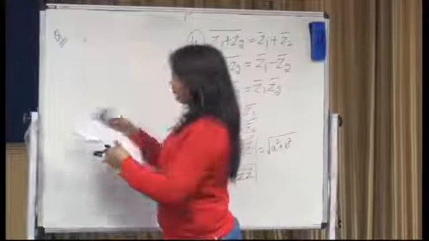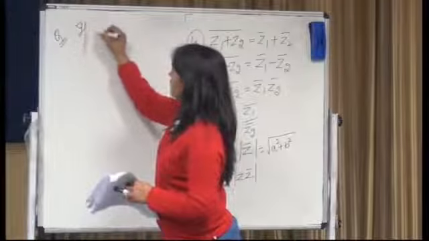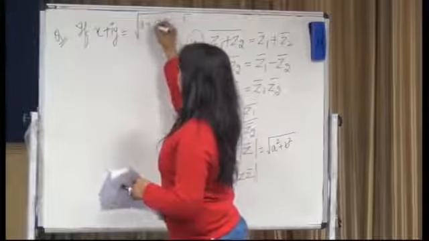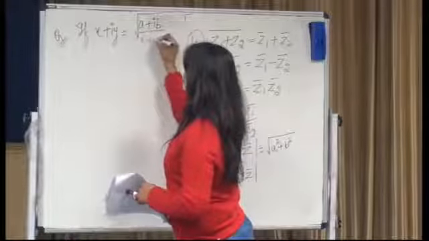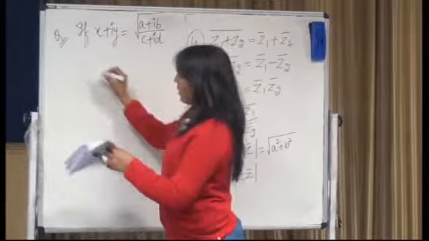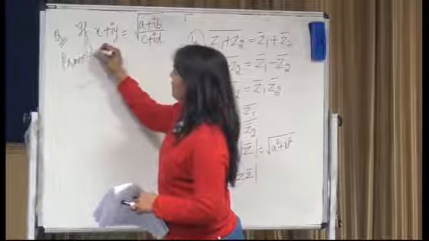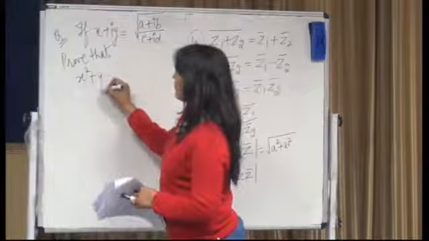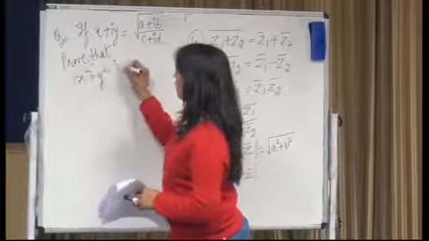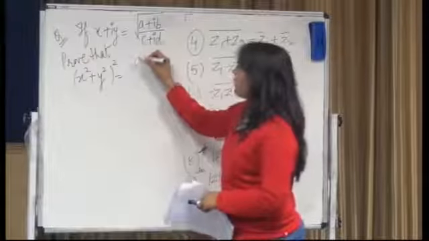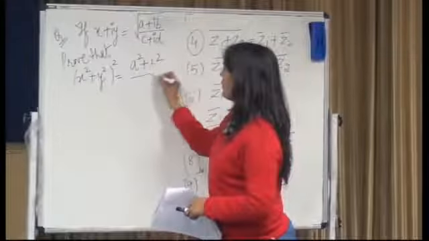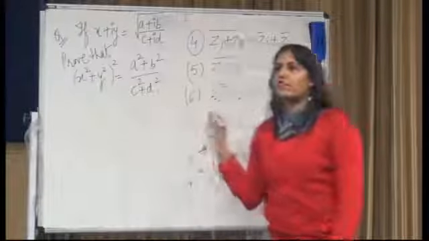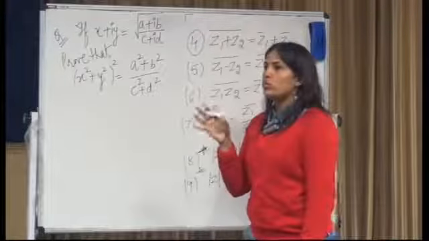So the very first question is: if x plus iota y is equal to a plus iota b upon c plus iota d, prove that x square plus y square whole square is equal to something. I am giving you a hint because I am taking this question just after conjugates.